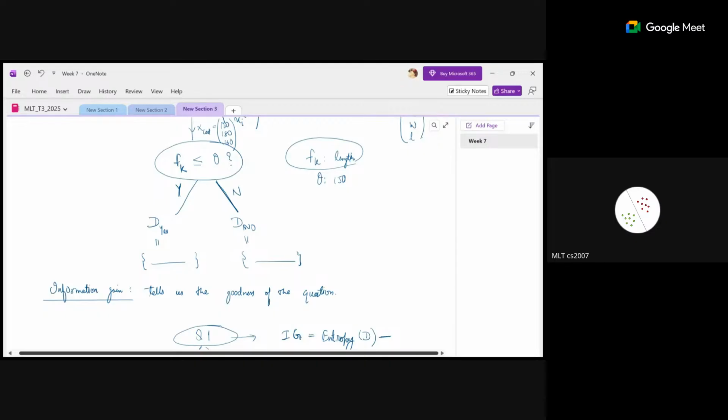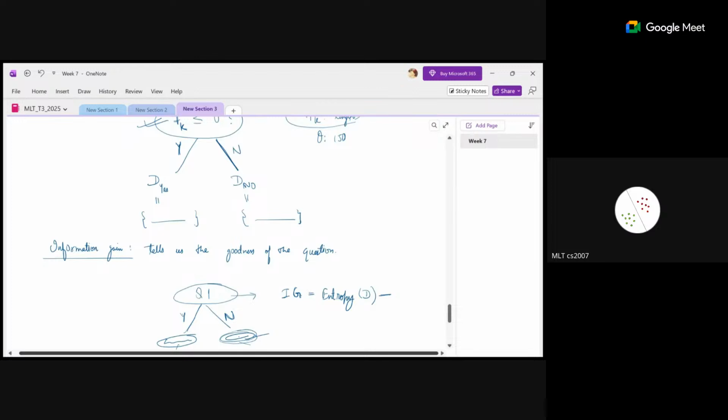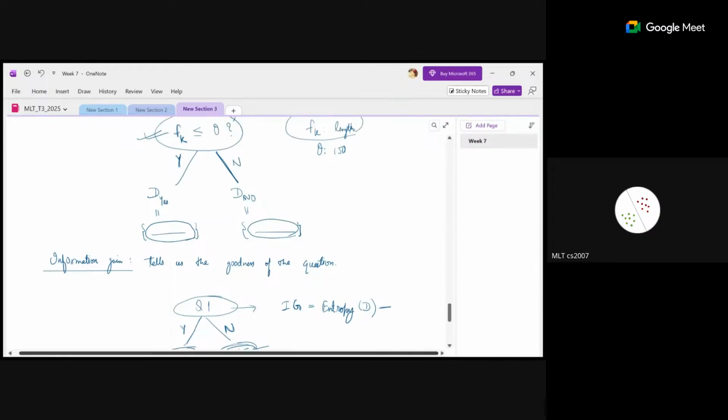Once we ask this question whether Fk is less than or equal to theta, it splits into two parts, and some data points fall into the category of D yes and some fall into D no. Now we will check the entropy of D yes and the entropy of D no. We are trying to find the information gain we had by asking this question.